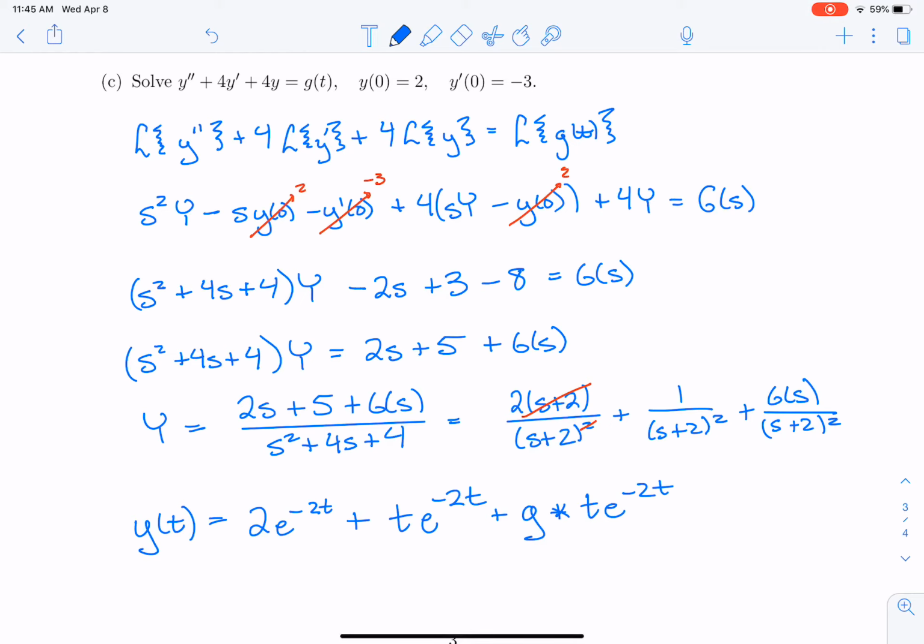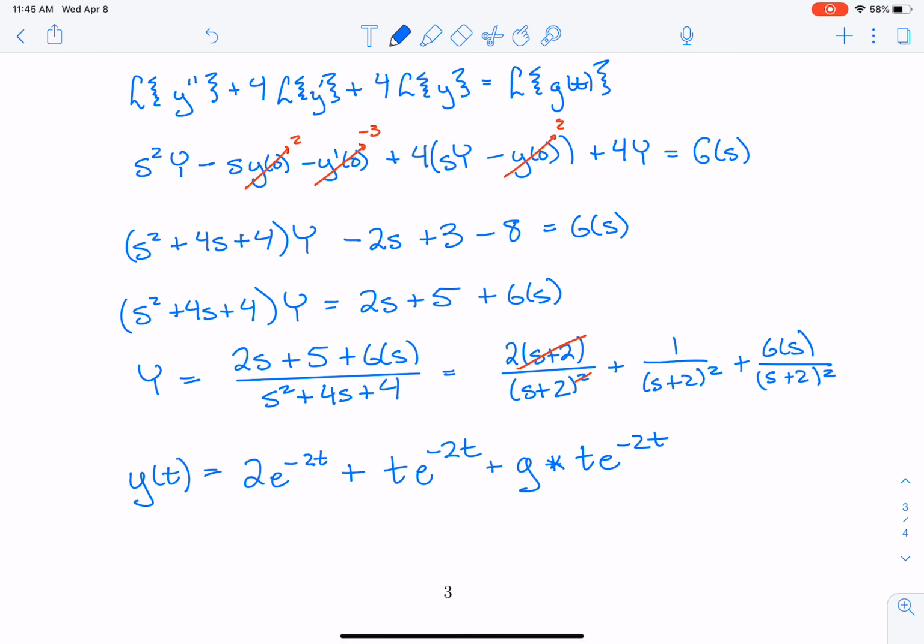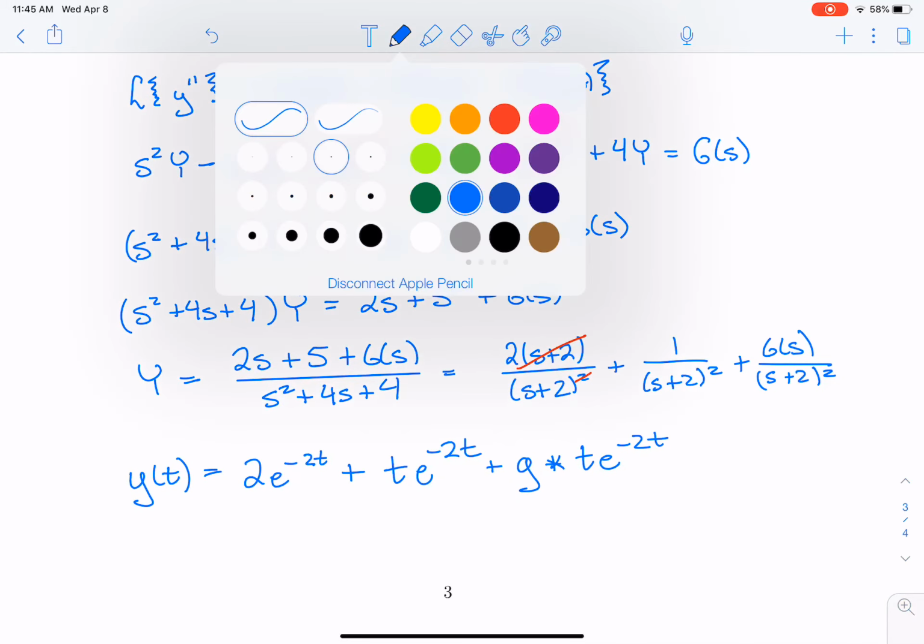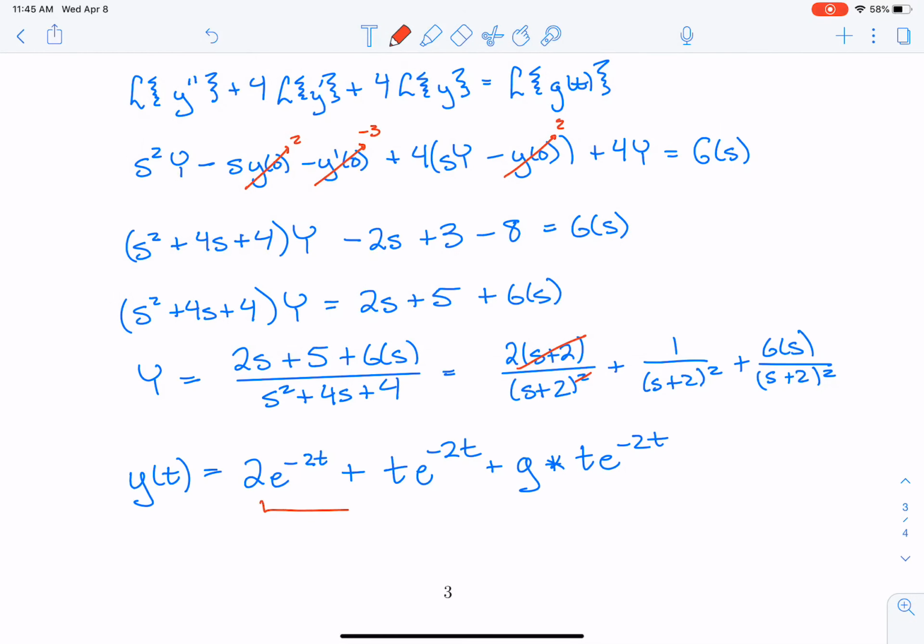And that's the solution, no matter what g is, which I think is pretty cool, because what you can see is you have the critically damped piece. That's from the homogeneous solution, right? And then I have a particular solution, right?